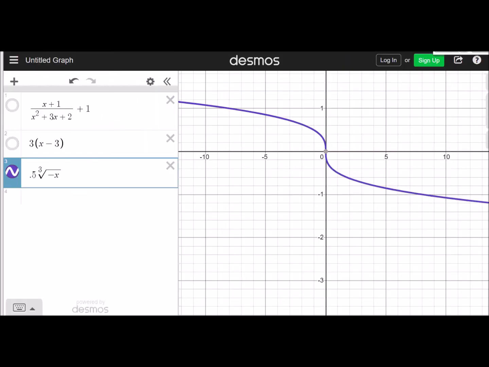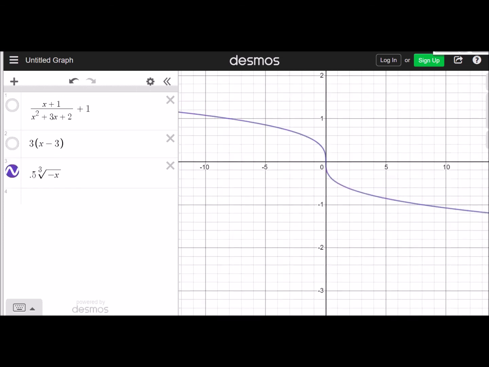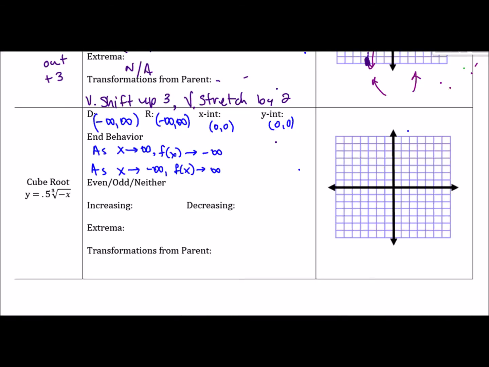Even, odd, or neither. This one, if you cut it down the middle, it does not produce a reflection off the sides. But this is one of those that if you were to hold a spinner right here in the middle and turn the graph 180 degrees, you do get the exact same graph out. So this one would be an odd function.